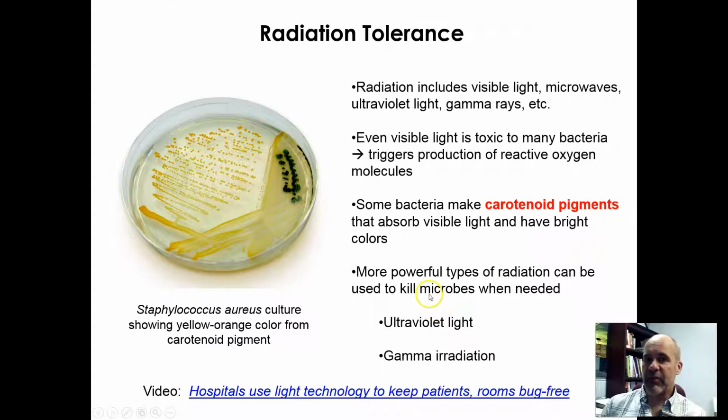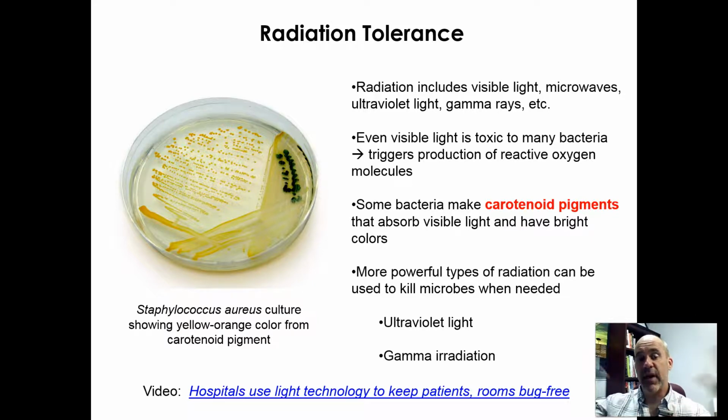More powerful types of radiation, like ultraviolet light and gamma radiation, are actually used deliberately to kill microbes when needed. Interestingly, there are some studies ongoing these days, and there's a link here to a video you might want to check out, where hospitals are just beginning to use visible light to help control the number of microorganisms in patient rooms and operating rooms.